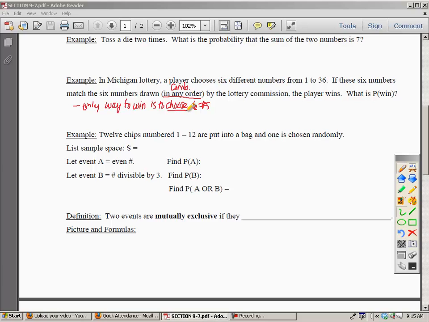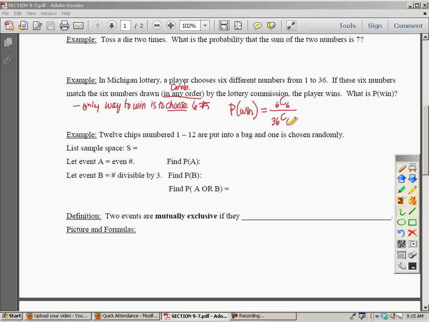So basically we're choosing 6 out of the 36. Okay, so here's how it works. The probability that I win with all 6 numbers is I have to choose all 6 out of the 6 numbers that are winners, and I divide that by, out of the 36, I choose the right 6.